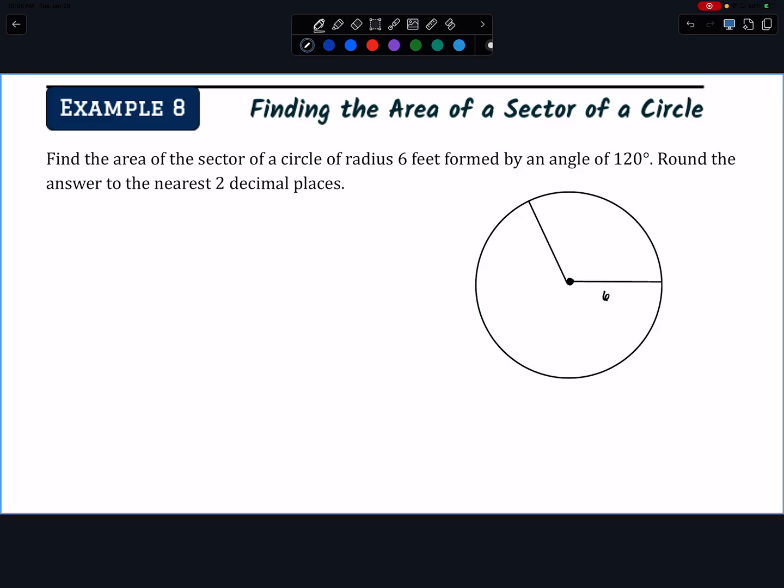So this is going to be 6 feet, and this is going to be 6 feet. My central angle, they tell us, is 120 degrees. We want to find the area of the sector, the area of this slice of the circle, trying to find this area right here.